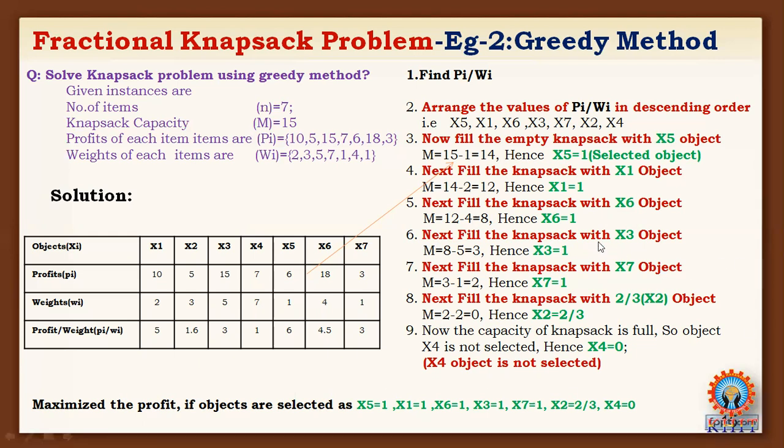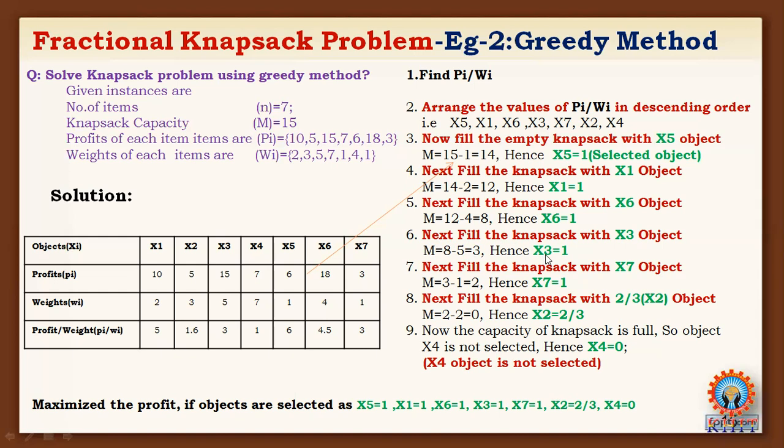Next, fill the knapsack with another item, x3. If I fill the knapsack with the complete item x3, the capacity is updated to 3, because we subtracted the weight of x3, which is 5. We subtracted 5, and only 3 is left.